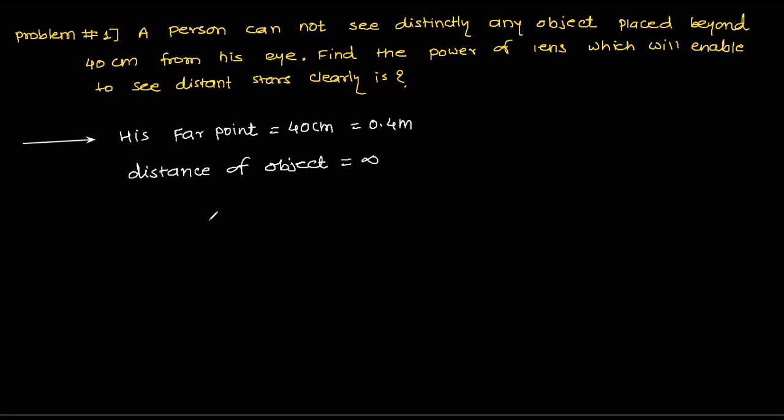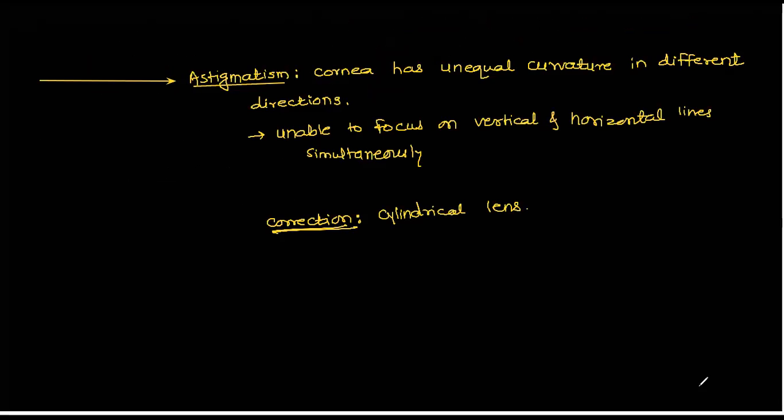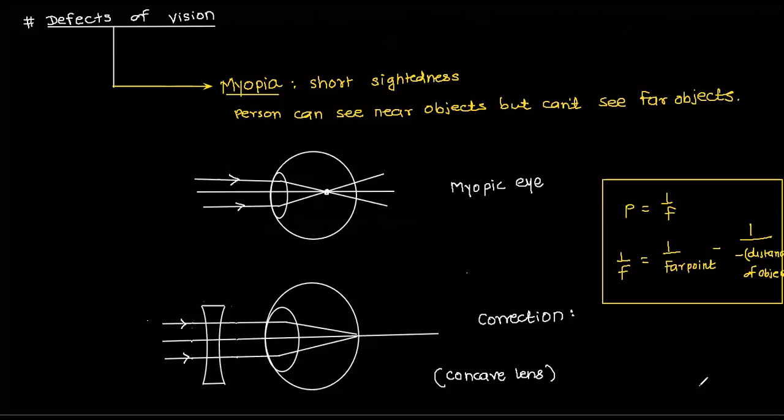Now you know the power formula. So power P is equal to 1 by F, which is equal to 1 by far point minus 1 by distance of object. I have already given this, you can see here.